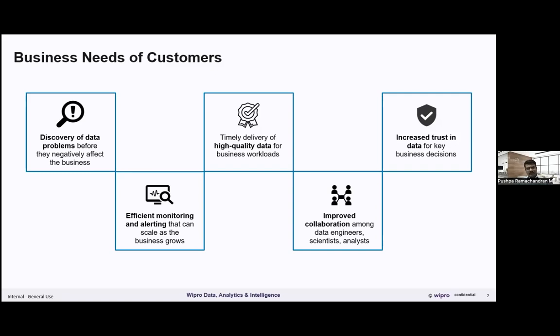As we all know, organizations today are becoming increasingly reliant on data to drive efficiency in business processes. Every single business decision today is being driven by data, and more importantly, the insights generated out of the data. That means the data used for decisioning must be available to the right users at the right time with the right level of quality.